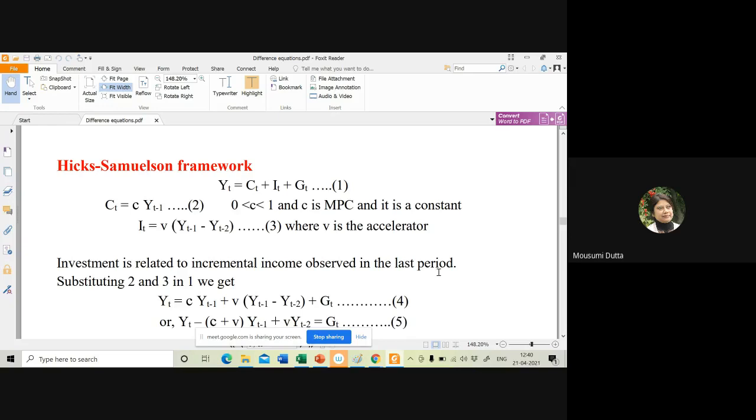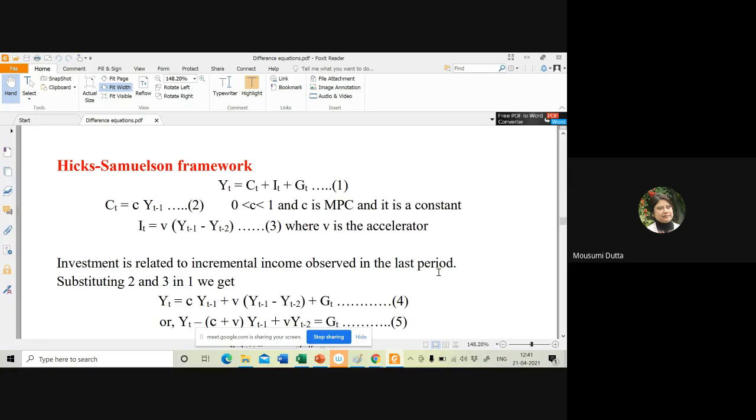V is the accelerator. The difference will be magnified when we move towards investment. V is not equal to 1; generally it is greater than 1.